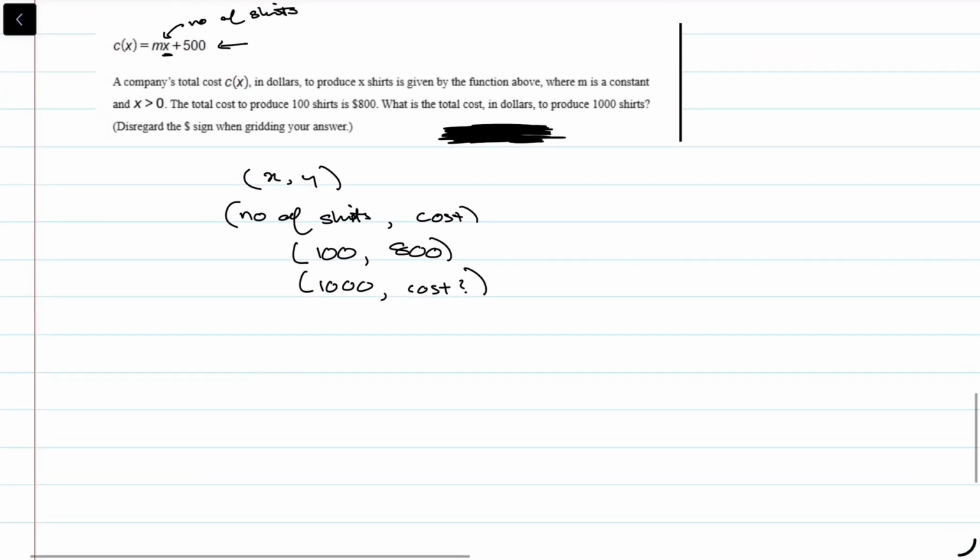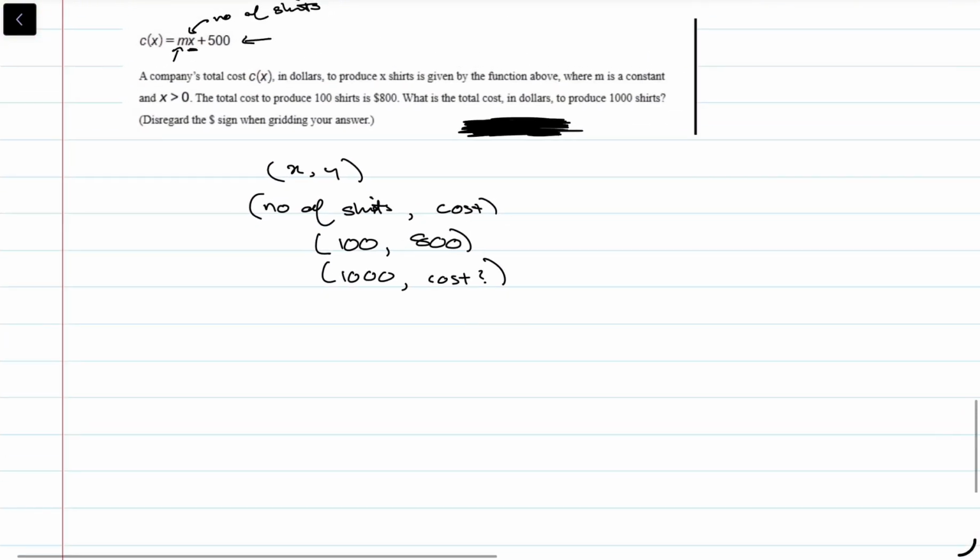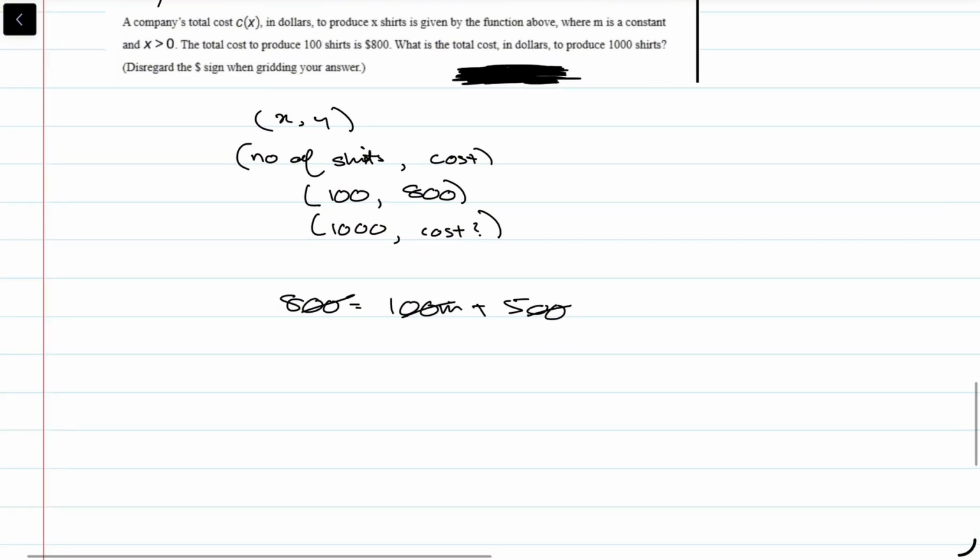So let's take our equation. We don't have the value of the gradient, so we'll solve for that first. 800 equals 100m plus 500. Just cancel the zeros and divide both sides by 100. We get 8 equals m plus 5, so 3 equals m.